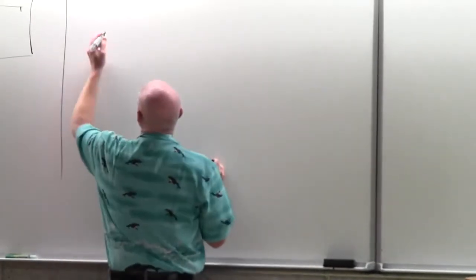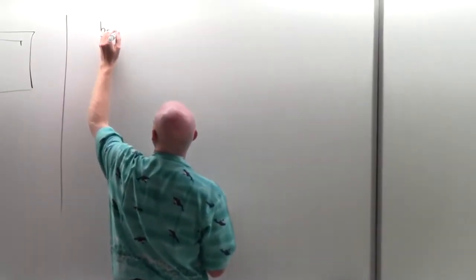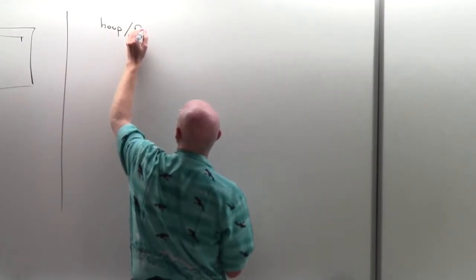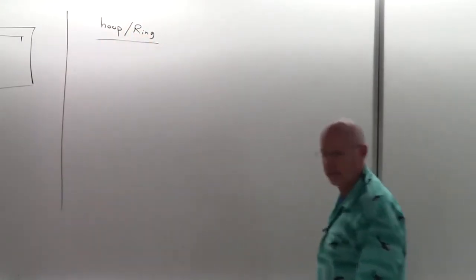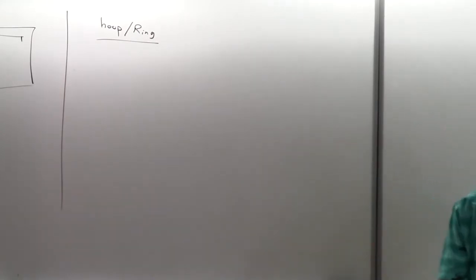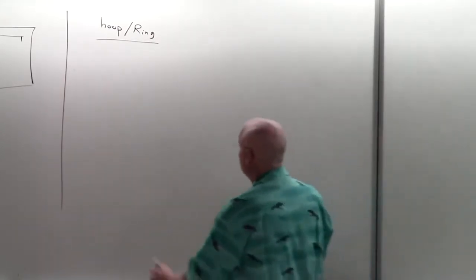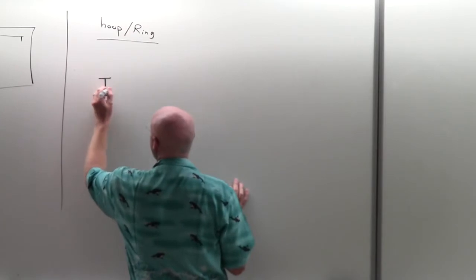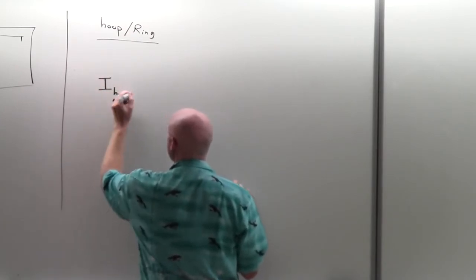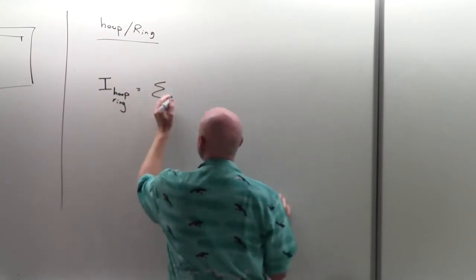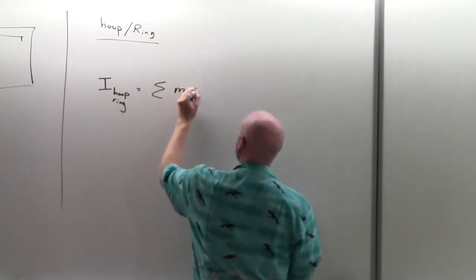What would it look like for a hoop or a ring, whichever word you want to put there. And I think sometimes your author uses ring and sometimes he uses hoop. But if I were to say, what is I for a hoop or a ring? Well, it's the sum of m_i r_i squared.